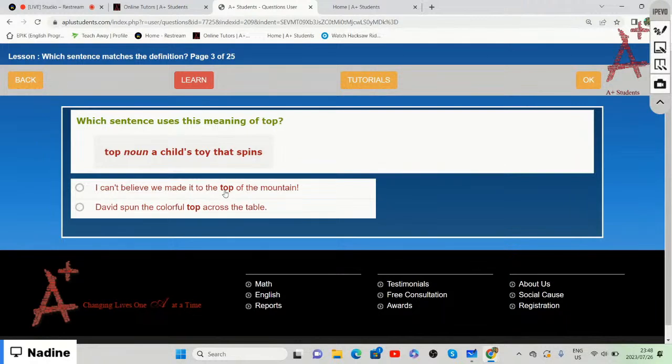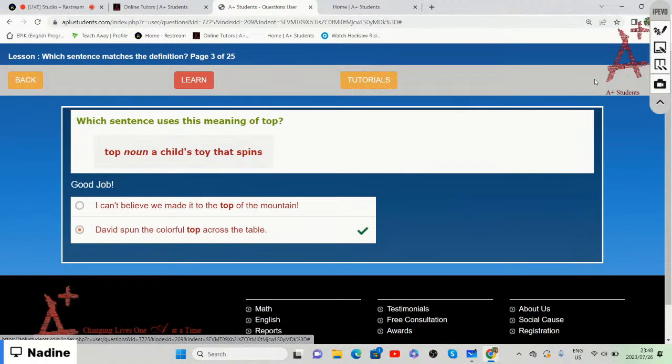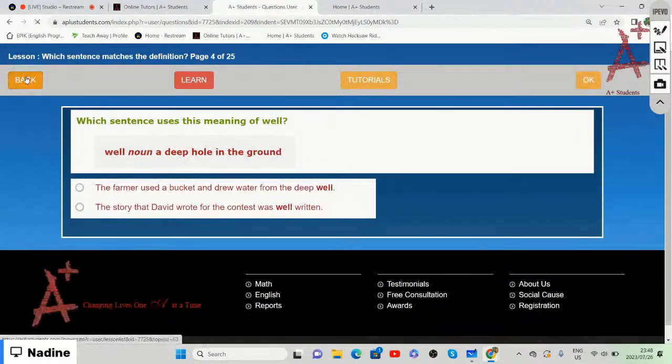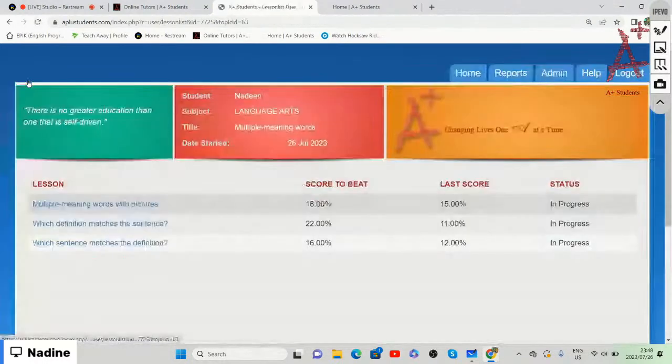We need to choose the correct option that matches the definition, which is top, a child's toy that spins. All right, so we are going to choose option two, which is David spun the colorful top across the table. Well done. So that is us matching the sentences with the correct definitions.